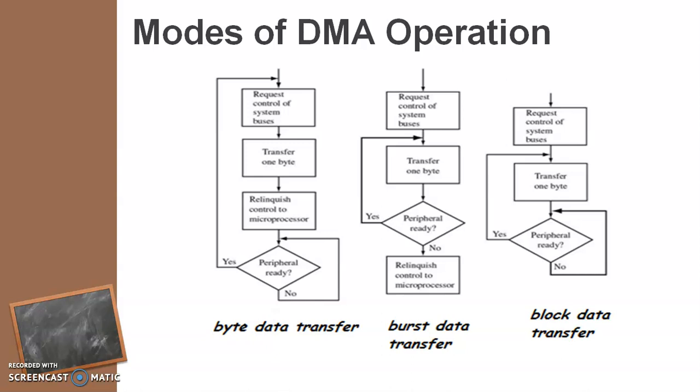And in case of block data transfer, the direct memory access controller asks for the address, data and control bus, then it transfers the data and it checks whether the peripheral is ready to transfer the data. When the peripheral is not ready to transfer the data, it waits till the peripheral is ready.